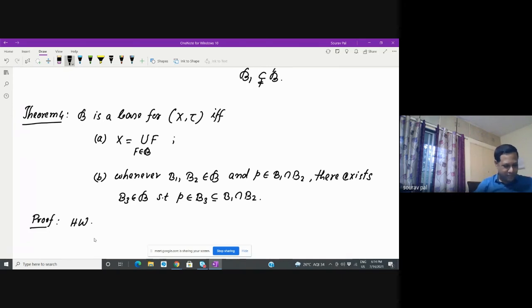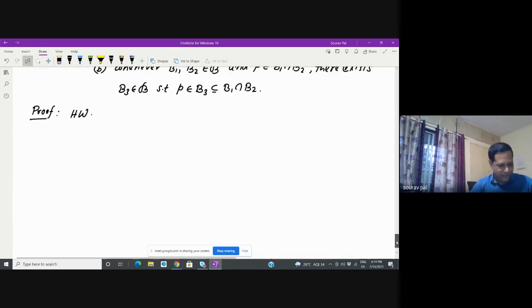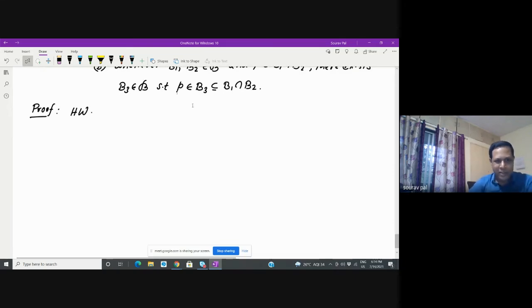So, what is a subbase? That is another notion. What is a subbase? A subbase is a collection such that if you take all possible finite intersections from this collection, that will form a base.